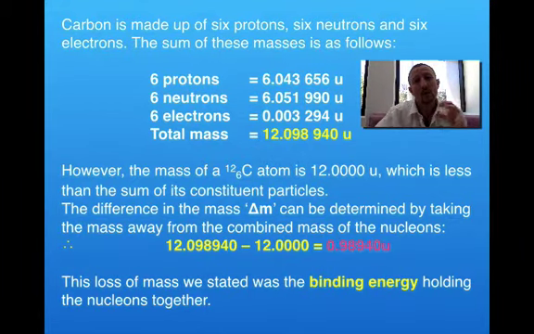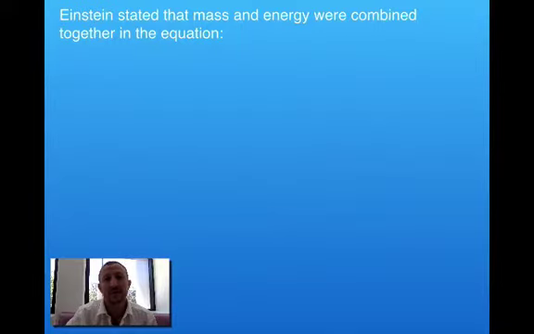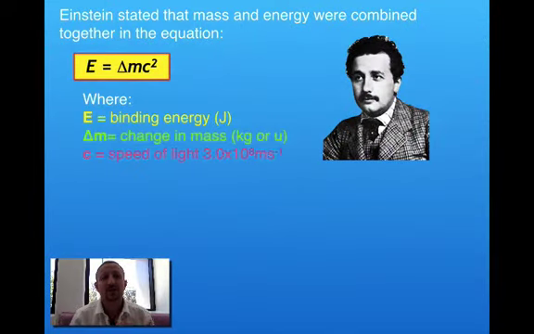Okay, so we can now link this with Einstein's equation. Now, Einstein's equation, as we know, is E equals mc squared. Well, instead of m, we're going to look at the mass defect, and that really is the change in mass. Hence we've got delta m there.